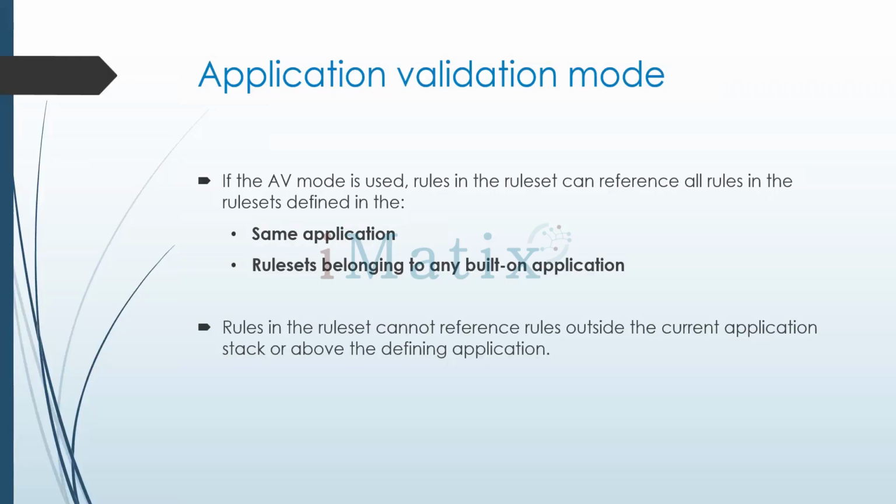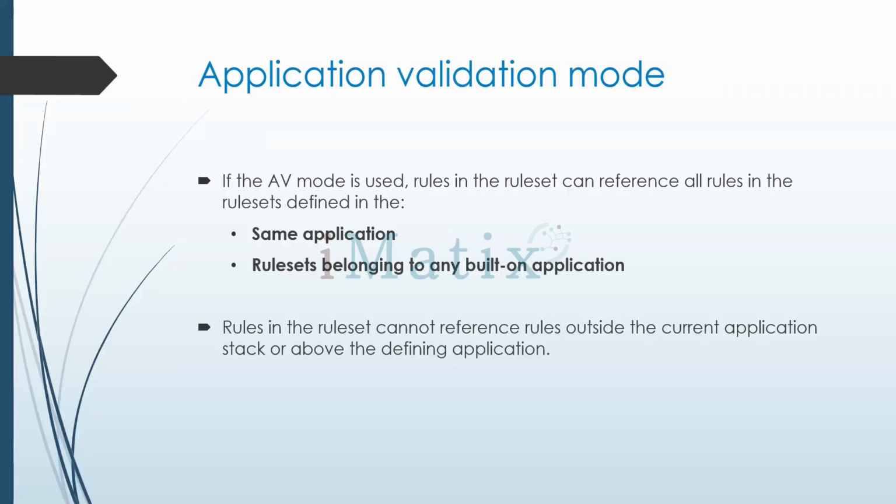Just making it simple, almost the entire rule set stack, or the rule sets below your current rule set of the entire stack, can be accessed. What cannot be accessed is any rules that are outside. If it's not part of my application, I cannot access them.